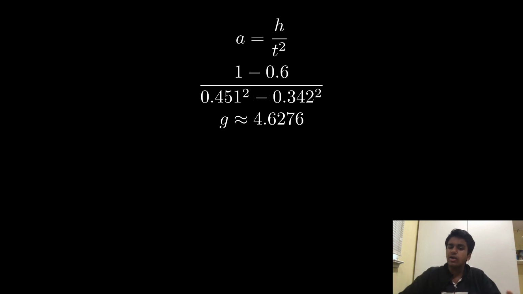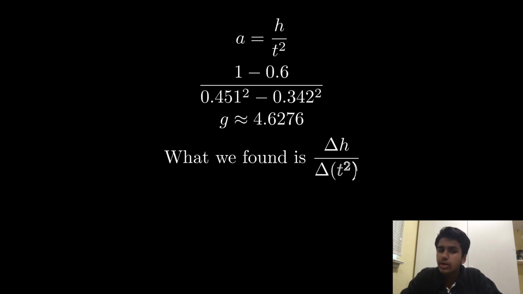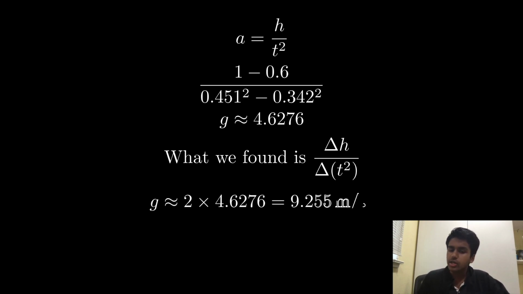What we found is delta h over delta t squared. However, acceleration is 2h over t squared, and what we found is h over t squared. So the slope we found, we must multiply by 2 to get 2h over t squared, which is the acceleration. And we get that the acceleration is around 9.255 meters per second squared.